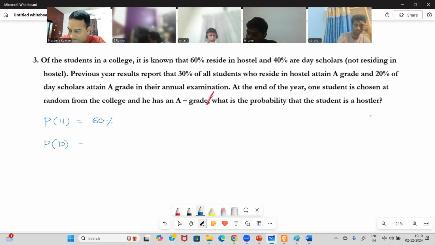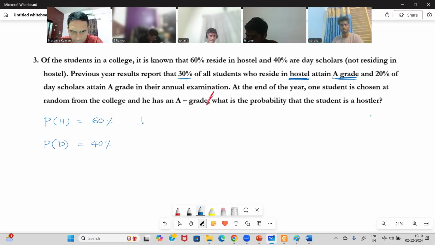Let me represent it with D. 40%, right? Okay. So now tell me, given that a student is a hostler, he's in hostel, what is the probability that he gets A grade? 30%, right? How do you write it with symbols? Can you help me, Johan?